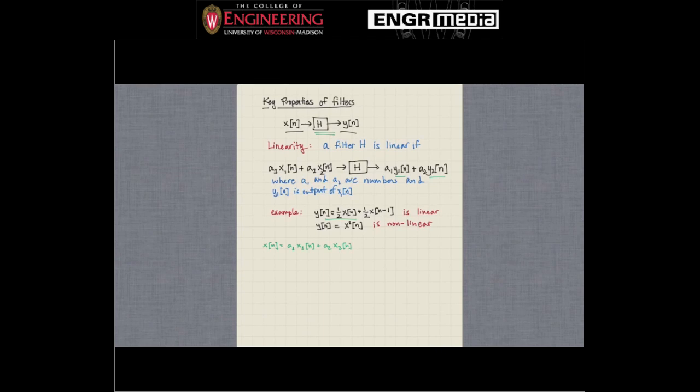And so what would the output be? Well, it would be y of n, 1/2, now this whole signal gets input, a1 x1 of n plus a2 x2 of n.